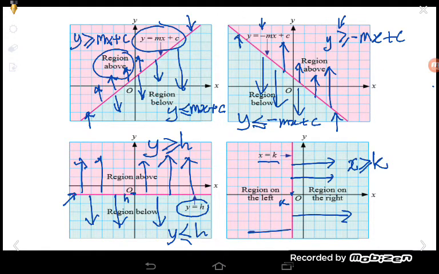And for the left hand side, the region on the left of the straight line here, it is called x less or equal to k.